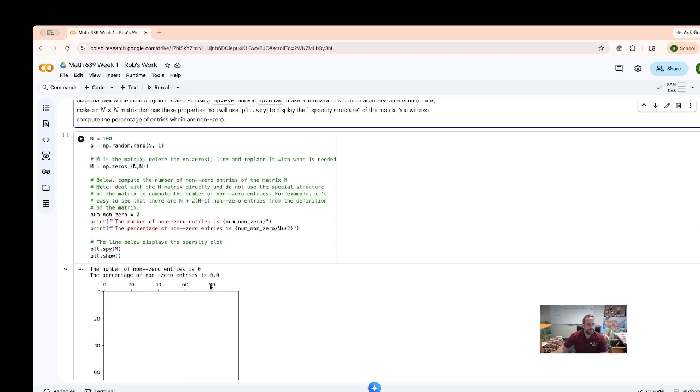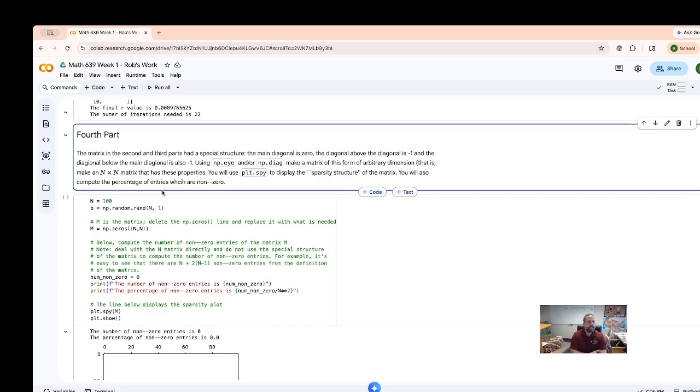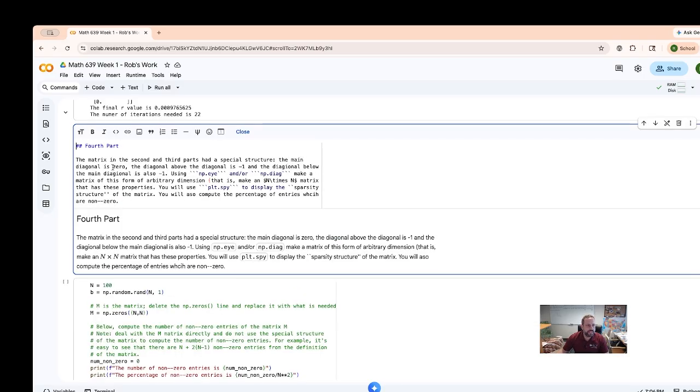I got the parts backwards. The matrix in the second and third parts, that is what we just did, has a special structure. The main diagonal is 2. That's a mistake there. I should say the main diagonal is 2.